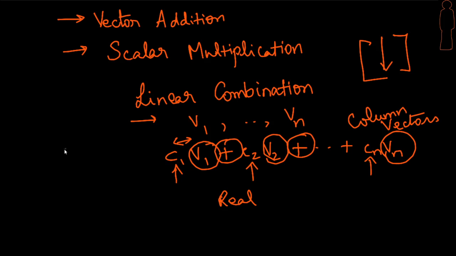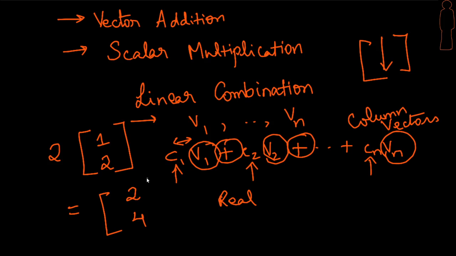But before we do that, one simple point to remember. Let's talk about scalar multiplication. We say 2 times the vector (1, 2), then we know that the answer is going to be (2, 4), another vector.